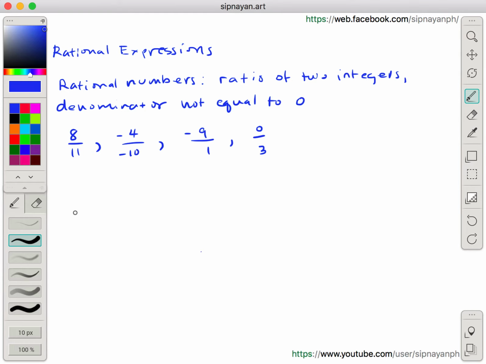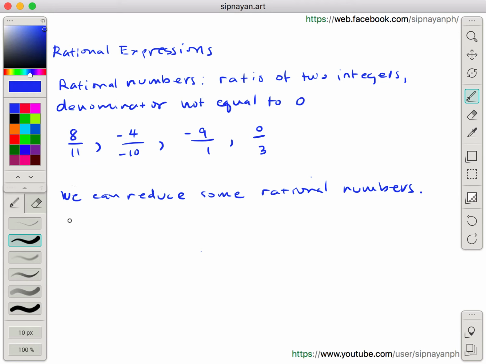And ang isang note natin dito is we can reduce some rational numbers to lowest terms.